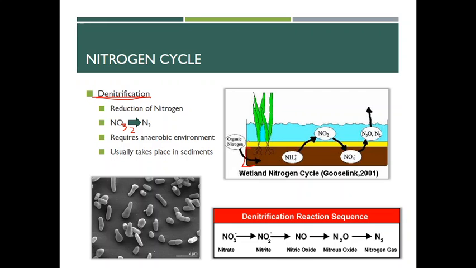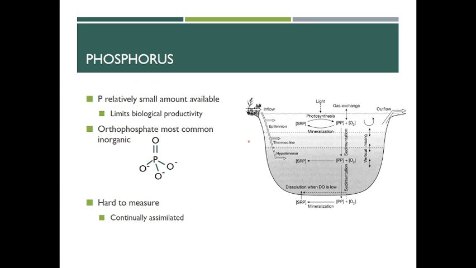One of the reasons why we think we have the Gulf dead zone is because we've gotten rid of all of the wetlands along the Mississippi River system, and there is not enough denitrification going on. And so we get a lot of extra nitrogen in the water in the Gulf of Mexico, which causes that great huge dead zone. So let's move on to phosphorus now.